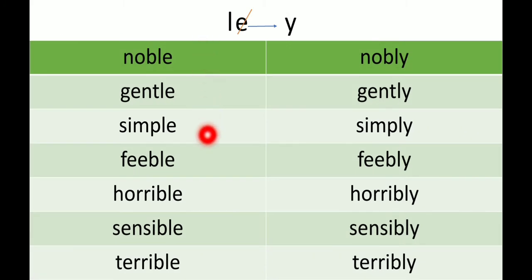Now here is the list of words ending in le. What are we going to do? We are just going to drop e and add y to make them adverbs.